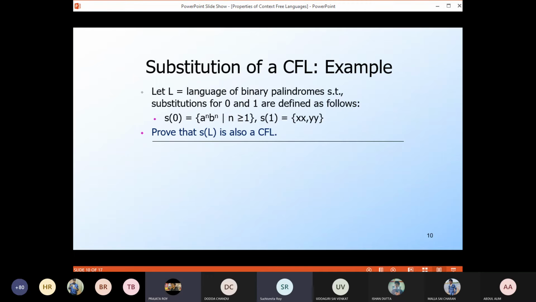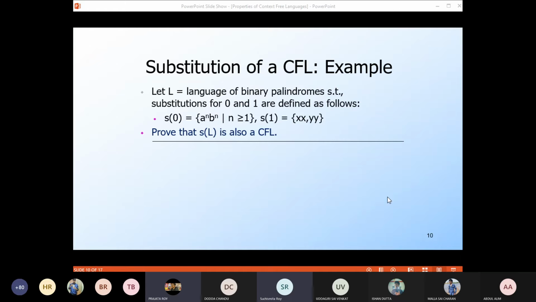Ma'am, the productions will be like S goes to 0S0 or 1S1. And in case it's an empty string, it will be epsilon only. Yes, if you are including empty strings, you make it epsilon.